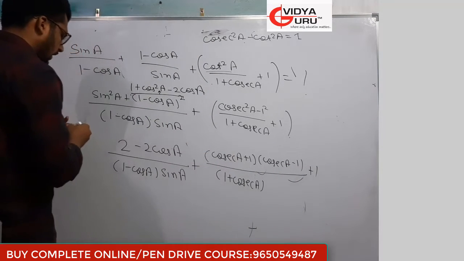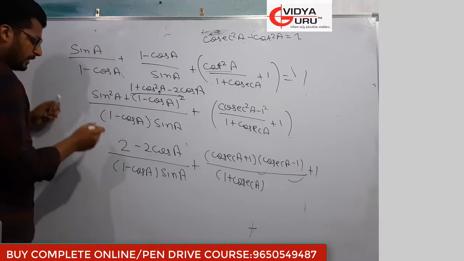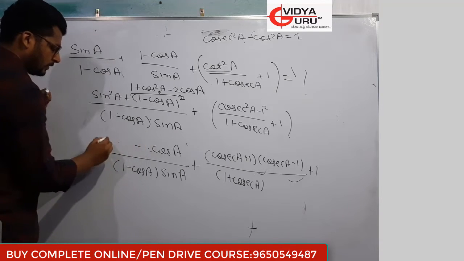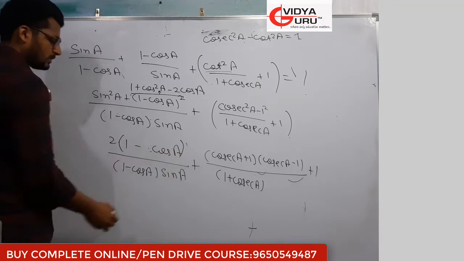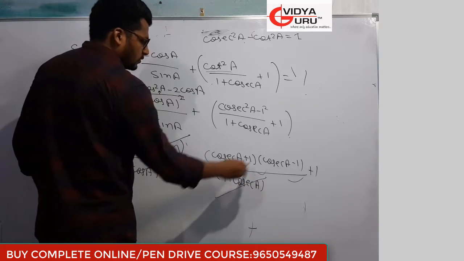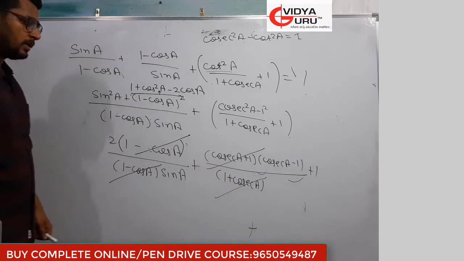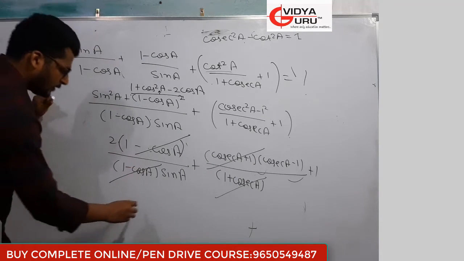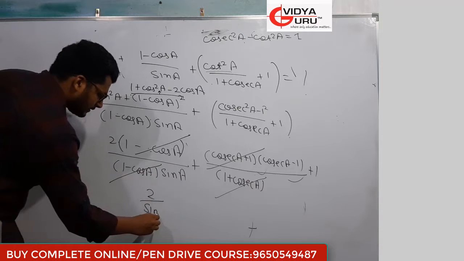See, I can take 2 common here. If I take 2 common, what will be left? 2 times 1 minus cos A. This 1 minus cos A will be cancelled out. 1 plus cosec A will be cancelled out. What will be left? 2 by sin A.